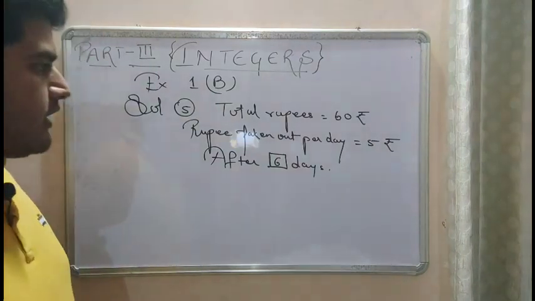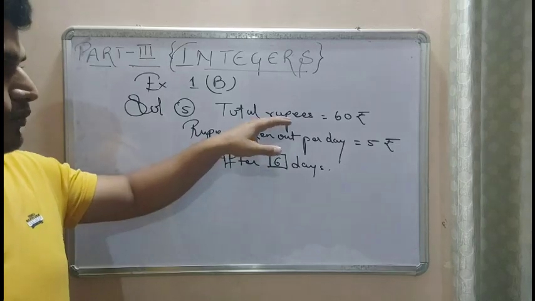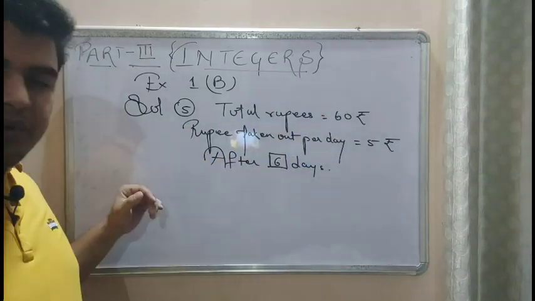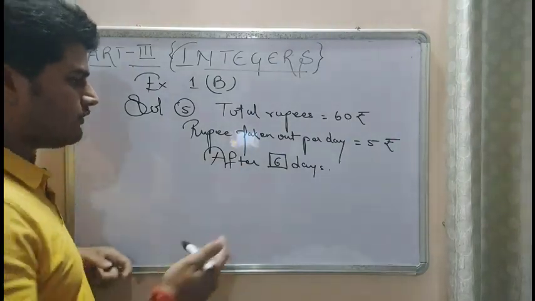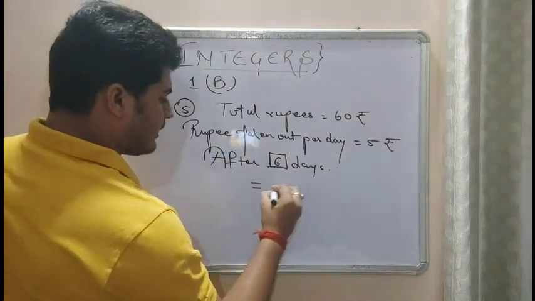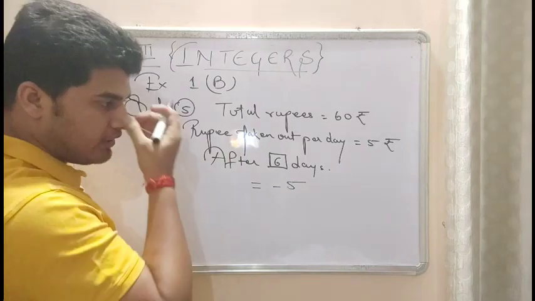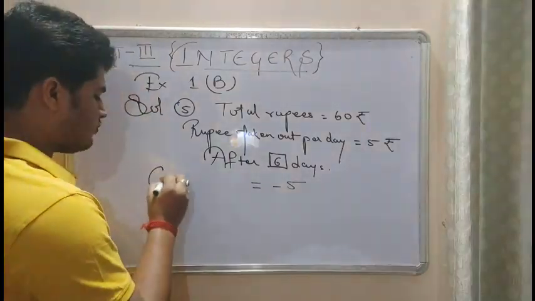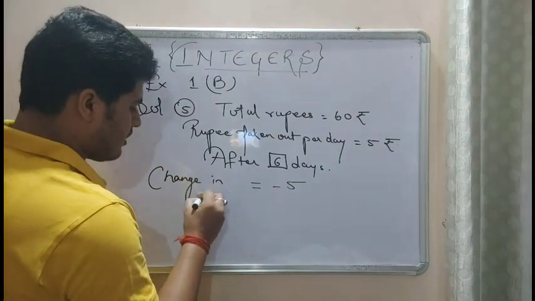So the problem over here says that the girl Divya has total 60 rupees in her wallet. She is taking out 5 rupees per day, and she is doing it for 6 days. So if she is taking out the rupees, we can assign it a negative sign. So minus 5 rupees is being done if we are going to find out the change in rupees, the change in amount.